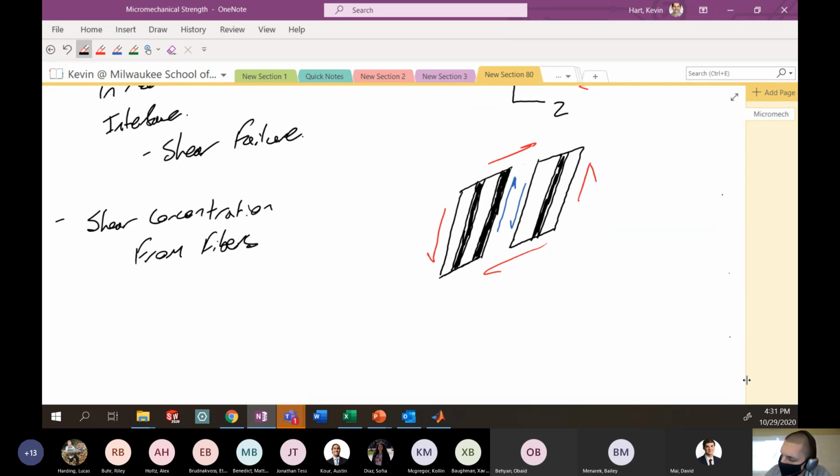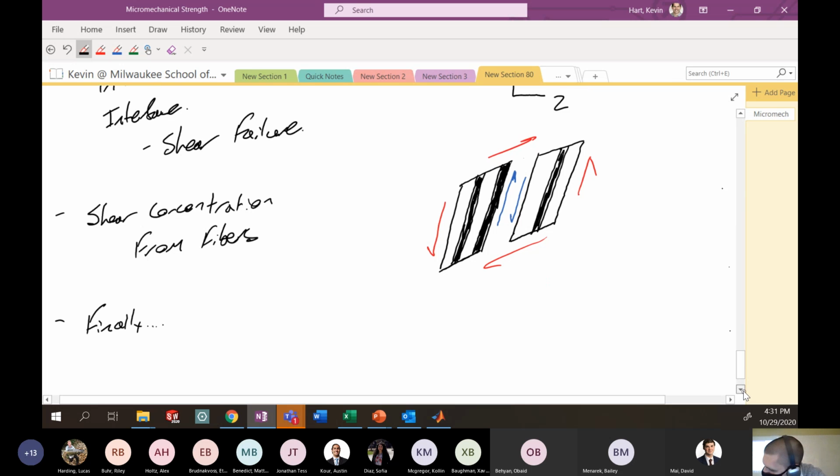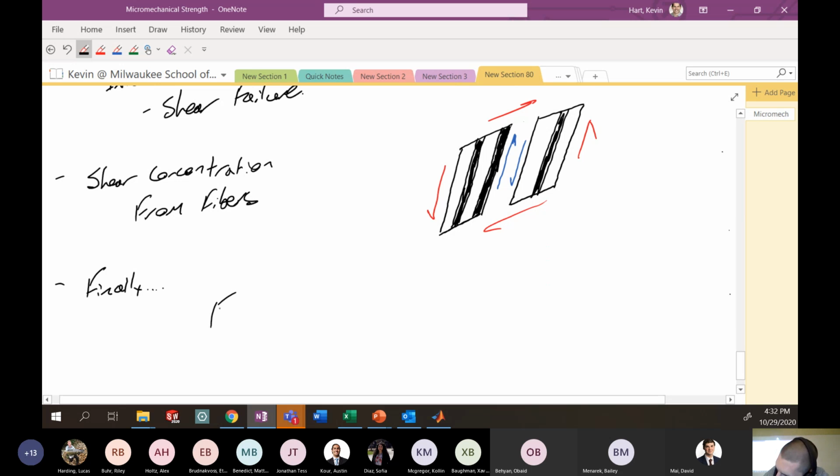And so our failure in 6, you put that all together, and you have here this F6. Remember, this is failure in the 6 direction, or F12. Typically, it's just denoted as F6. It is going to be the failure strength of the matrix in shear, FMS, divided by a shear stress concentration factor, K tau.